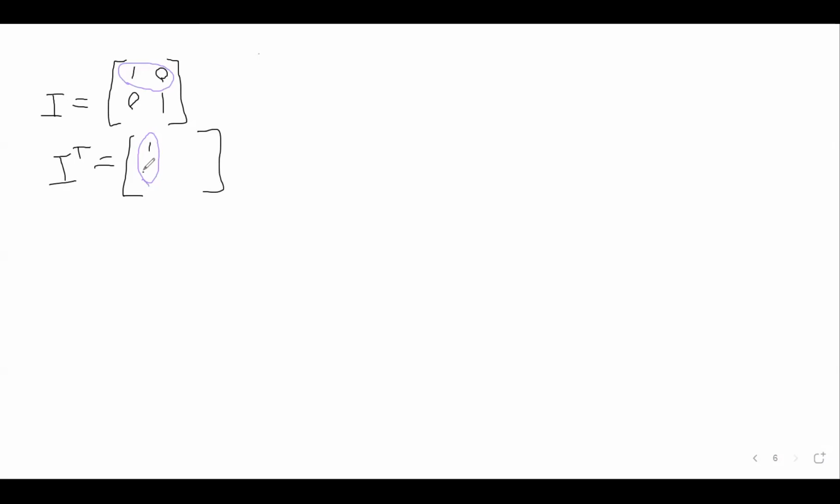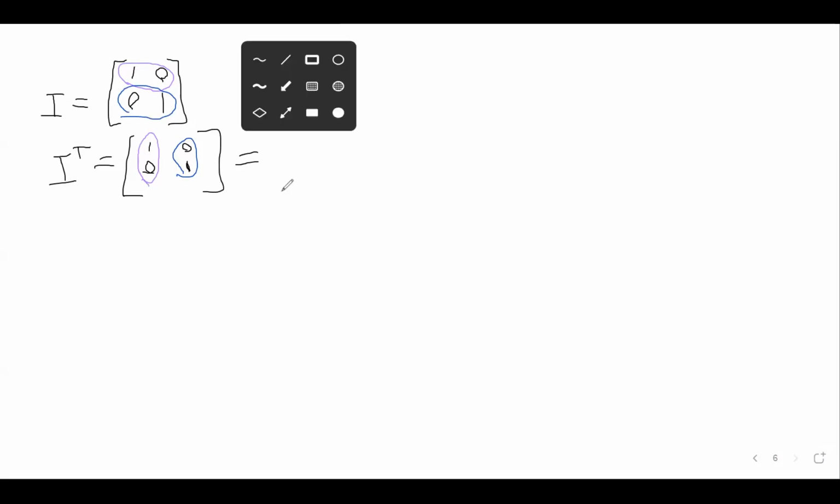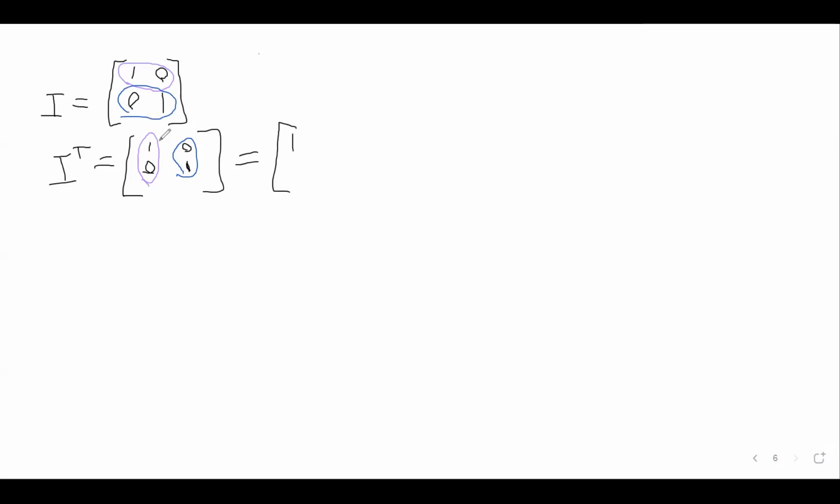And you have a 1, 0 here. And the second row is this, and then you make it the second column. Now it's 0, 1. And so now you get 0, 1. The end result is just, I'm not doing anything, I'm just rewriting it without the colors here. You have 1, 0, 0, 1.